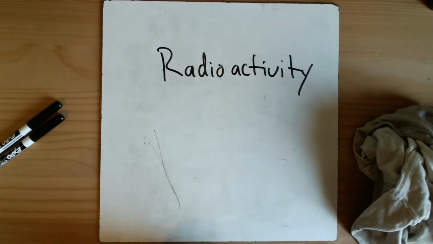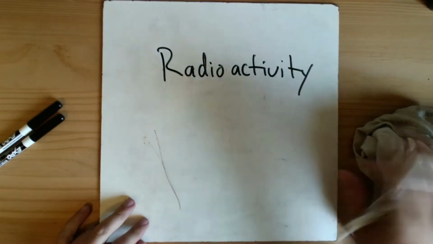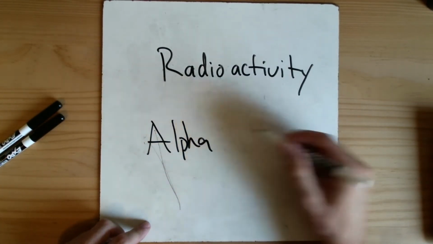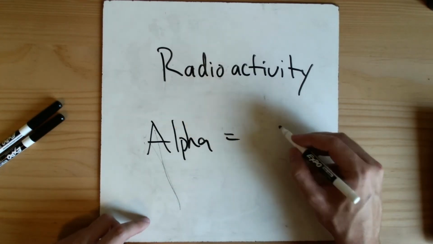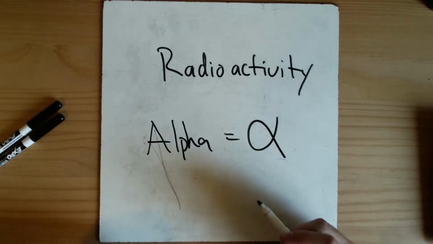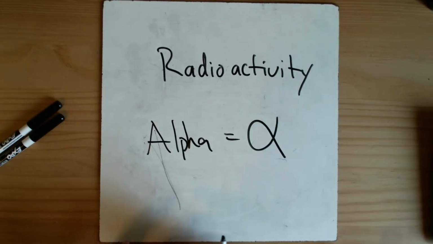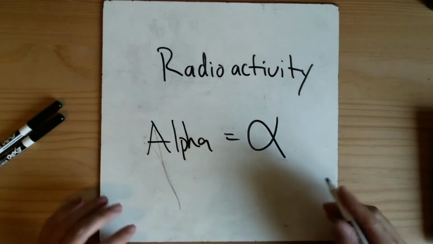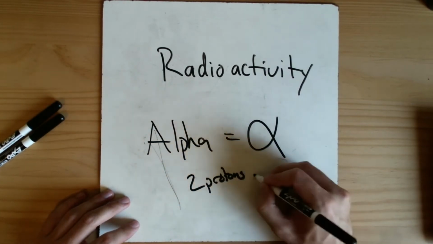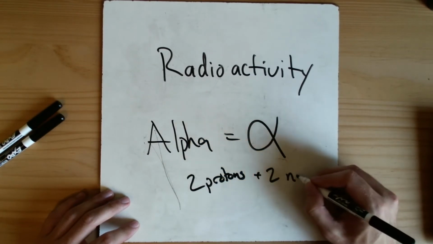So, our first type of radioactivity is what's called alpha. And so alpha, which is also symbolized by this symbol right here, which is a Greek letter, an alpha radioactive particle is when the nucleus starts to break down, and what happens is that it throws off 2 protons and 2 neutrons at the same time.